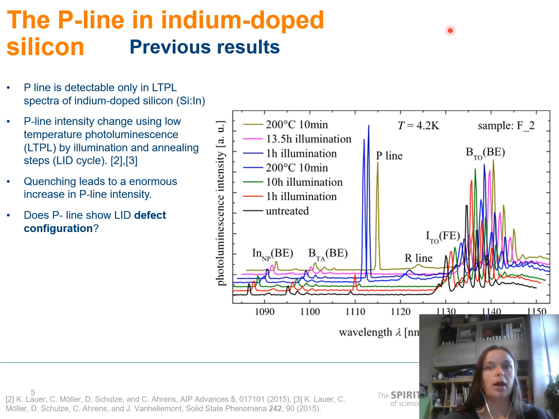So we started studying this behavior during sample treatments, like in the lifetime studies, for example with short and long illumination steps and annealing treatments at 200 degrees Celsius for 10 minutes, like in the studies by Sauer et al.